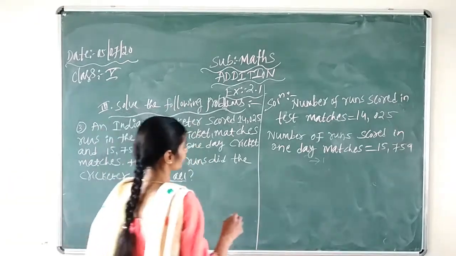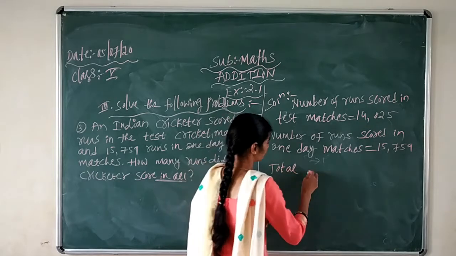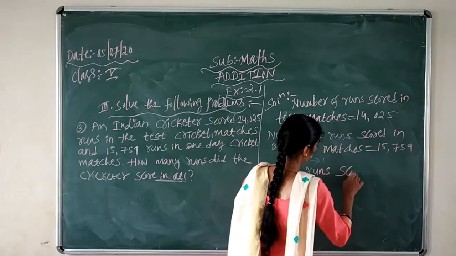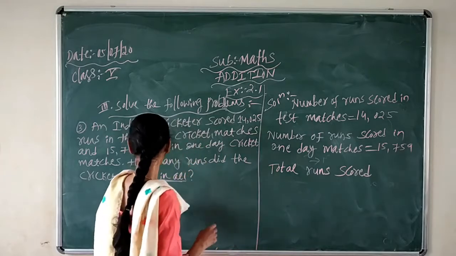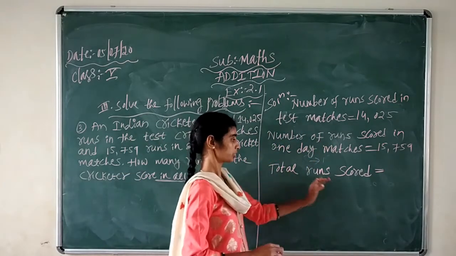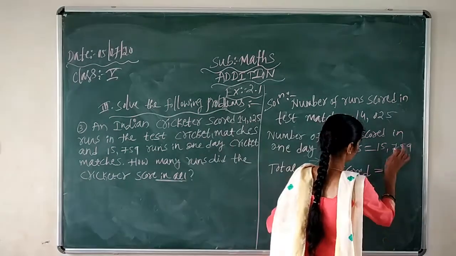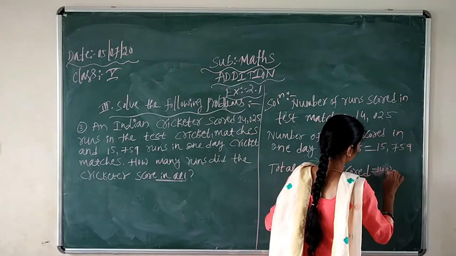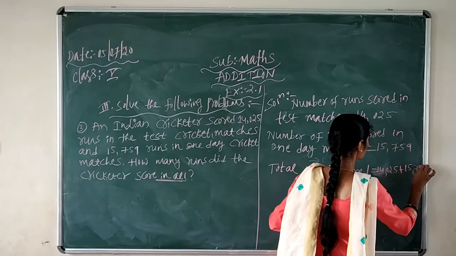So now, total runs scored equals 14,025 plus 15,759.